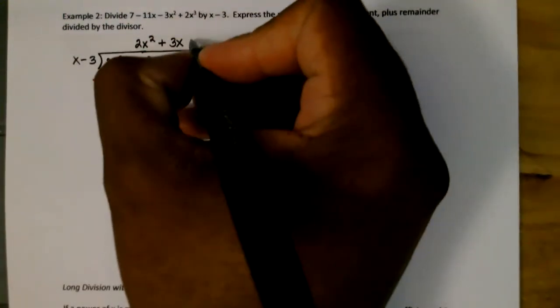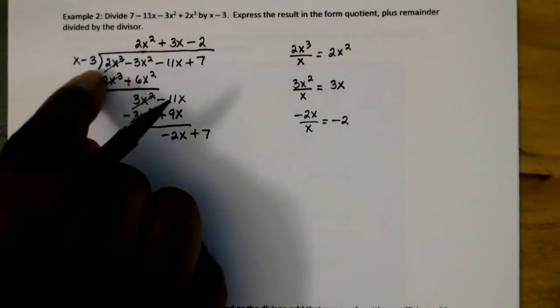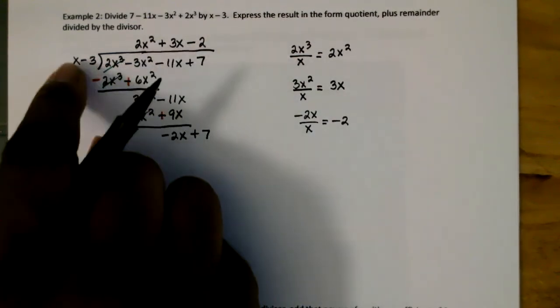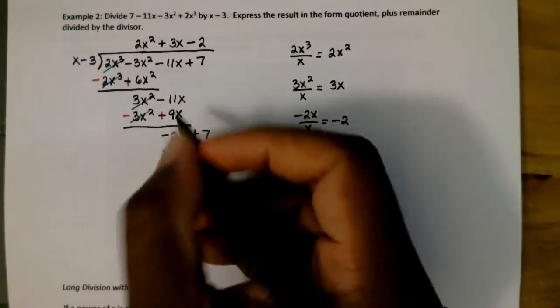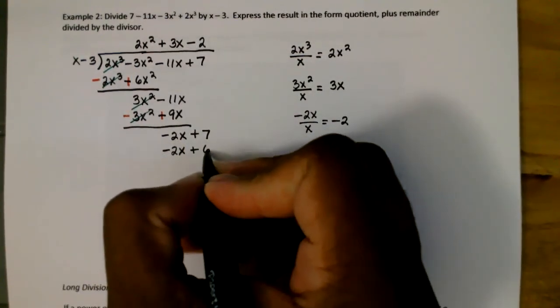So that means that negative 2 will go into the quotient as minus 2. Now, minus 2 would be multiplied by my divisor of x minus 3. So if I do minus 2 times x, this will be negative 2x. And then minus 2 times minus 3 will be a plus 6.